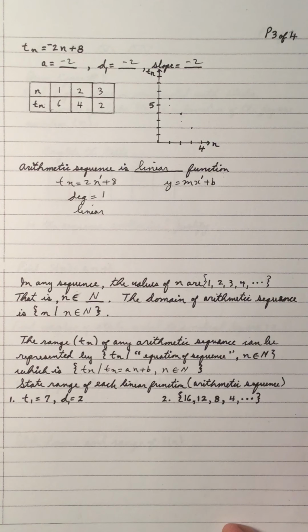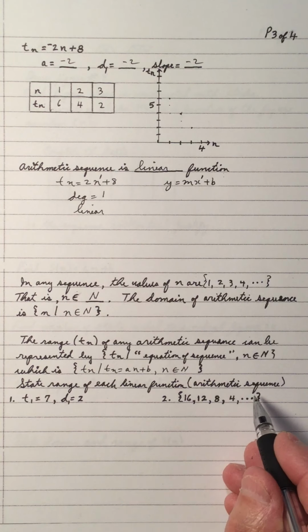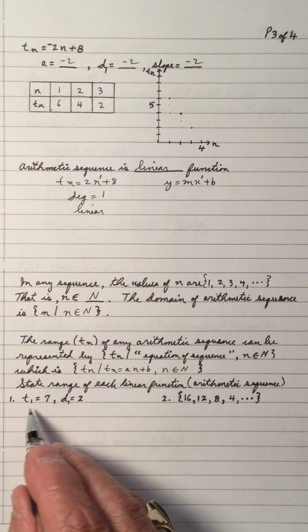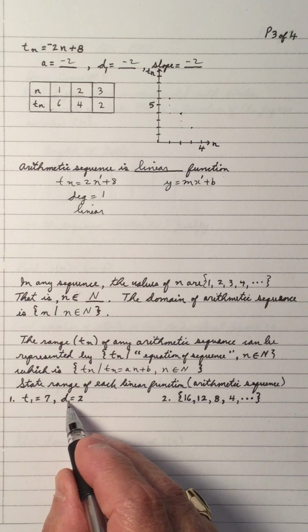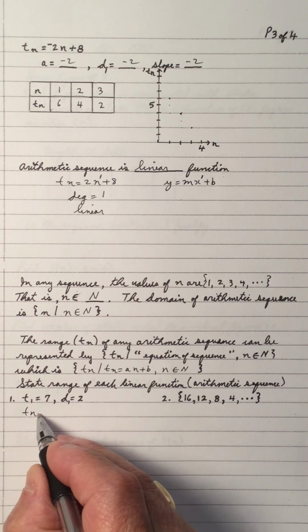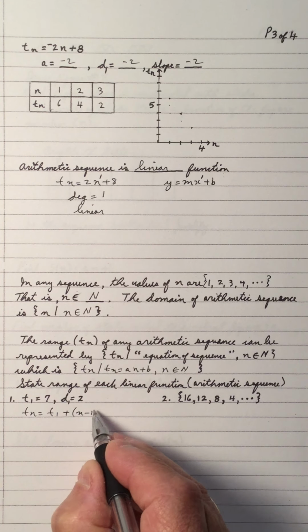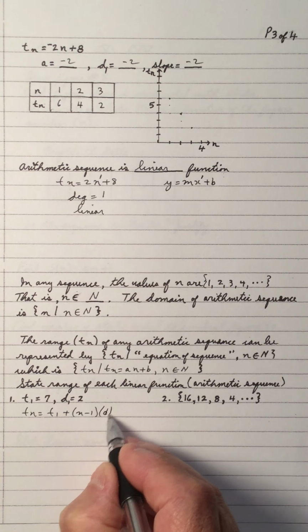Because we have an arithmetic sequence, the equation is Tn equals an plus b. So I'm going to work out these equations so that I can find the range. We have an arithmetic sequence, where d is 2. So Tn equals T1 plus n minus 1 times d.